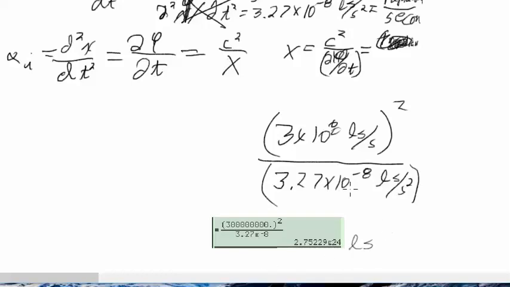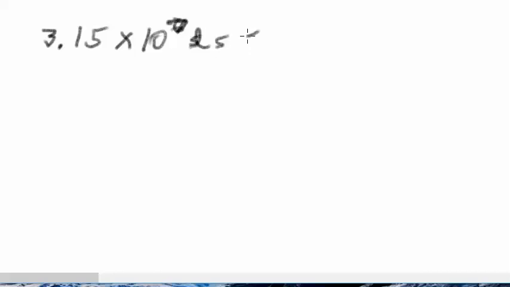I was expecting it to come out to be something more like, actually not 10 to the 16th, somewhere around 3.15 times 10 to the 7th light seconds, which is approximately 1 light year.